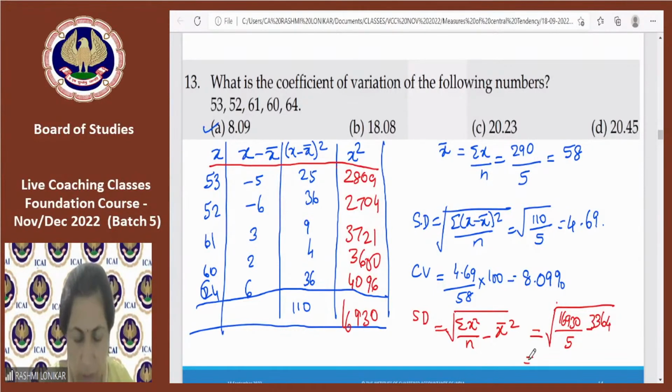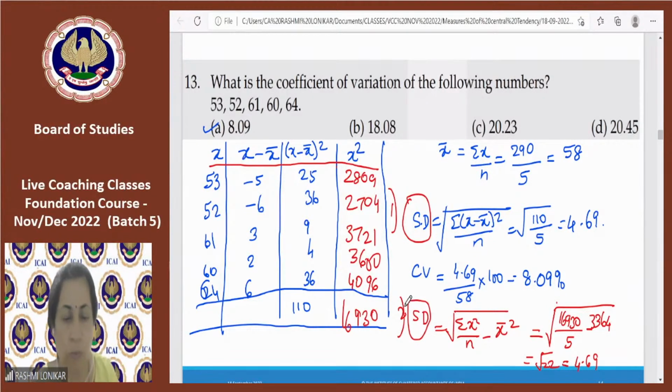So let us find 16930 divided by 5 is 3386, minus 3364 is 22. So which is equal to square root of 22, which is equal to 4.69. So for standard deviation, I have one formula. This is the first formula and this is the second formula. Okay. So using both the formulas, I can find the standard deviation, right? Yes, Harshita, thank you.